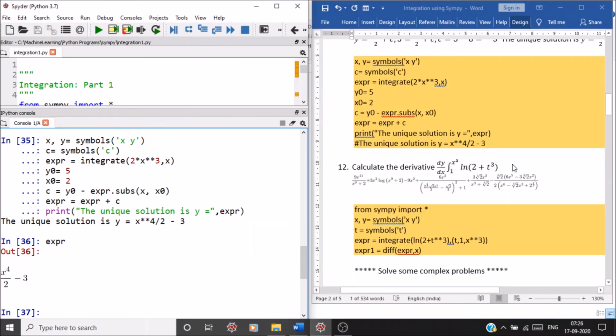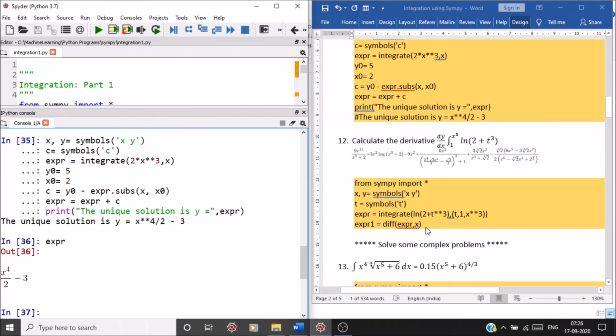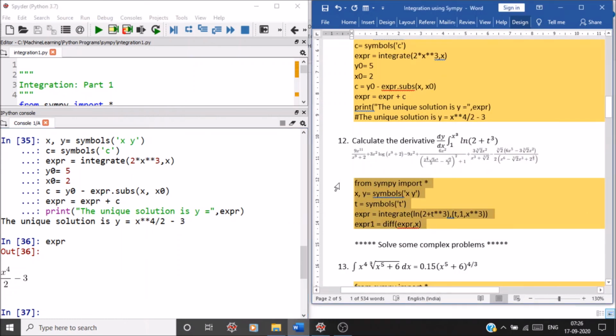We can see another example. Calculate the derivative dy by dx of the integration with lower limit 1 and upper limit x to the power q of ln within bracket 2 plus t to the power q. For that we have to execute these lines in SymPy.